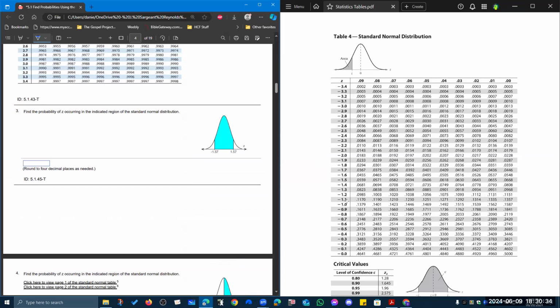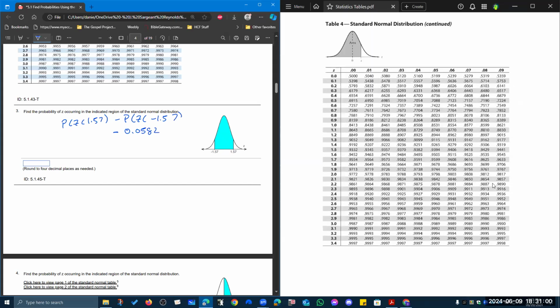Let's say this is the probability that Z is less than 1.57 minus the probability that Z is less than negative 1.57. On the table, for negative 1.57 it's 0.0582, and for positive 1.57 it's 0.9418.